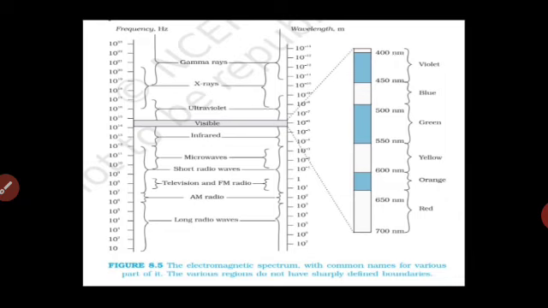It also follows some other signals like television and FM radio, AM radio and long radio waves. Each of these waves has its assigned value of frequency and wavelength, although they overlap at the points, but they have got their own specific range.